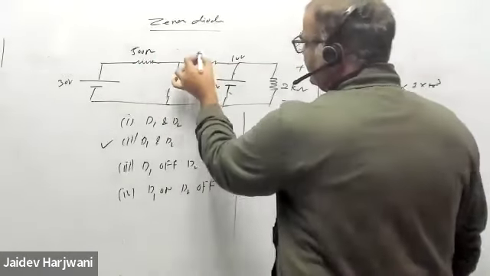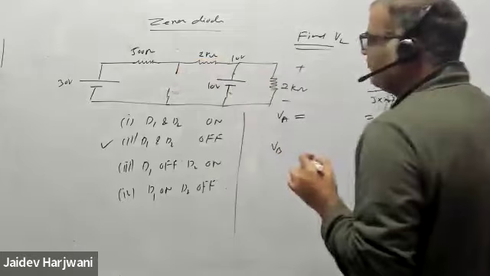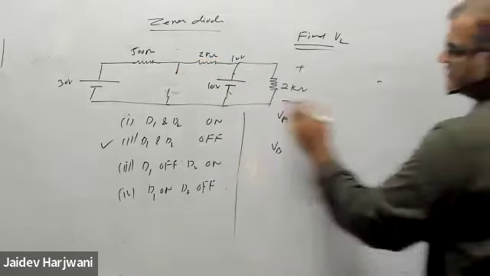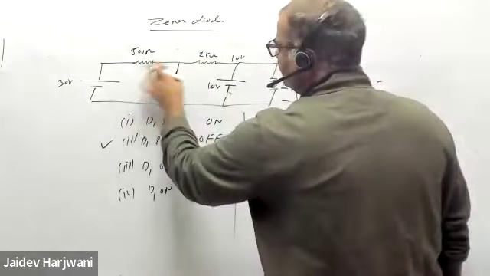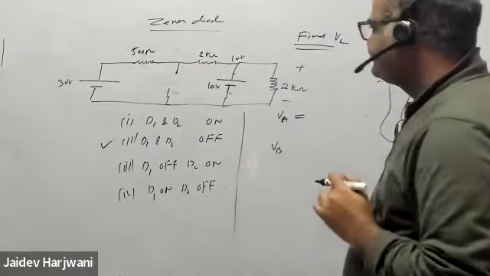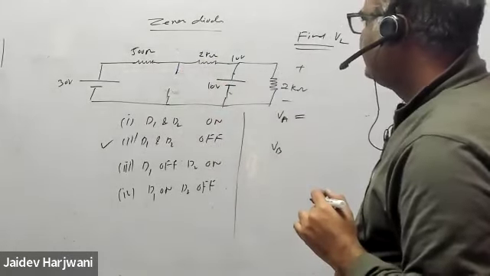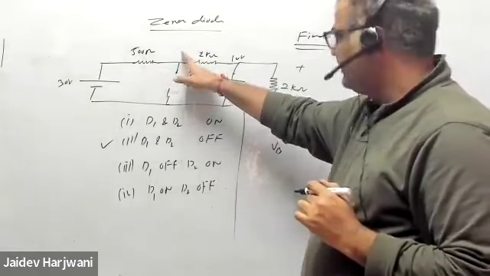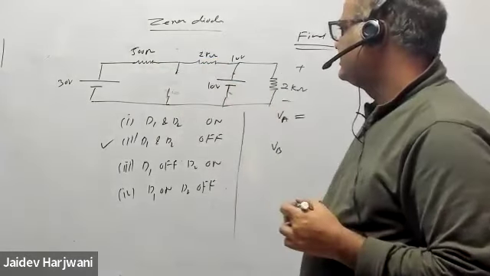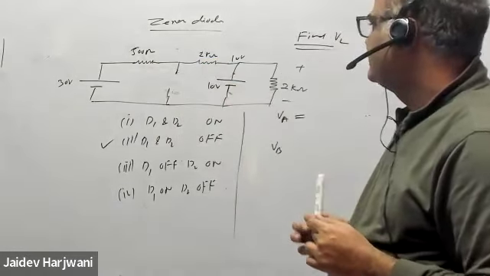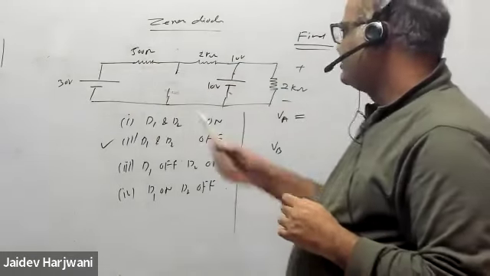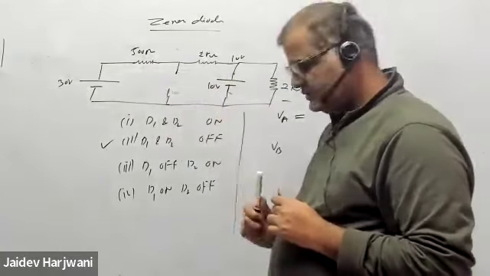Okay, so this is 1 kilo ohm. So I can find here, if here and here is getting 20 divided. So tell me what is the voltage here? Can you tell me what is the voltage here? So 20 should be divided between here and here.